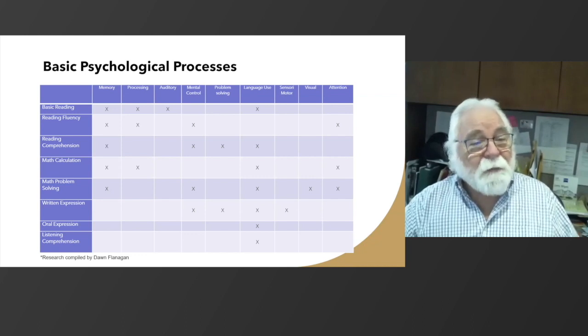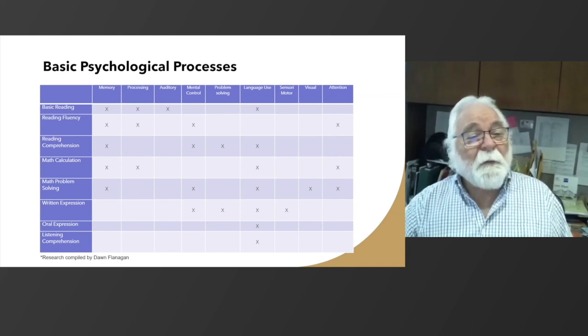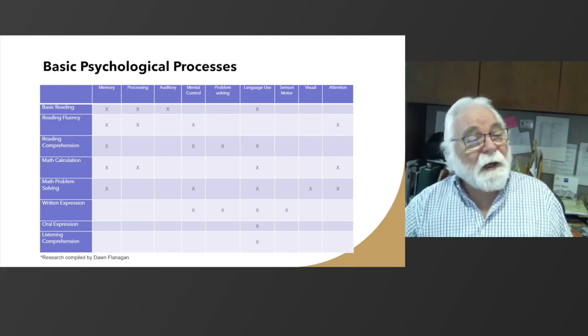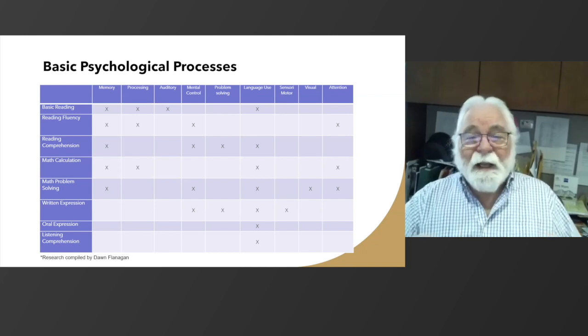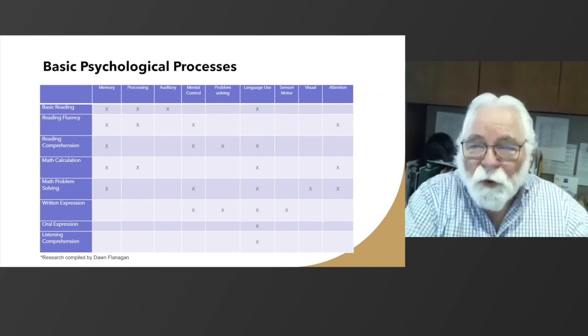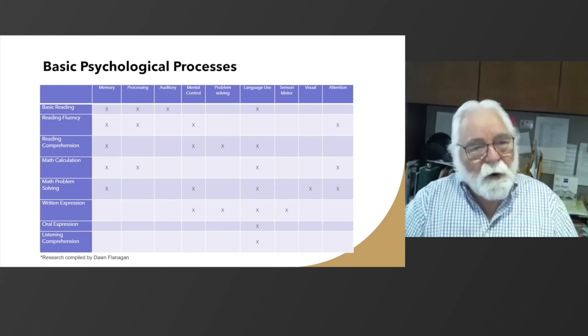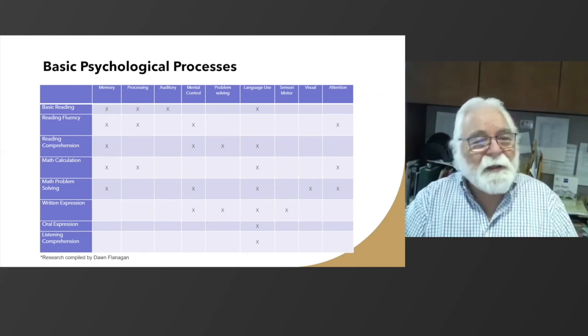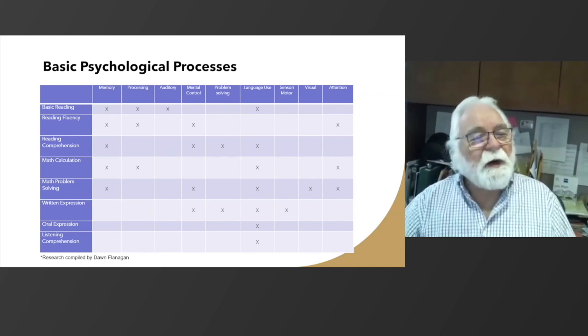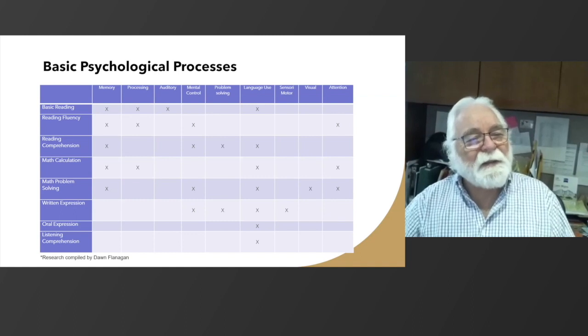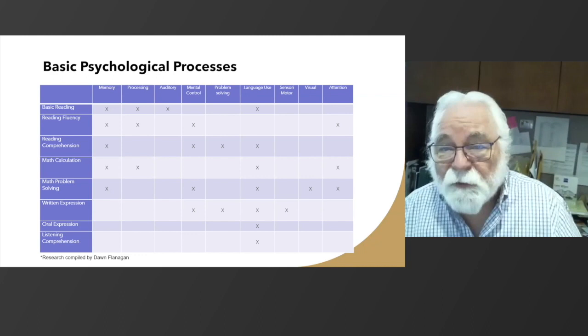Okay, so this suggests that if we have deficits in any of these areas, that's going to impact our basic reading. It also suggests that if a youngster in the New World Order is referred because they're having basic reading challenges, we have to be sure that the educational planning team says, let's check memory. We don't have to do the whole shooting match if we don't want to.